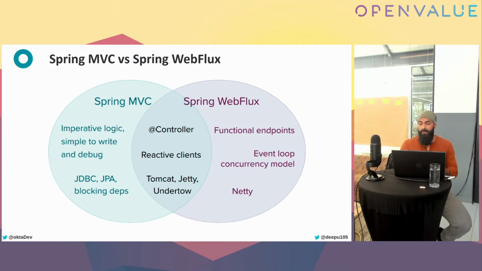For example, with Spring WebFlux, the endpoints are more functional, whereas in MVC they are imperative, because it is one thread per request kind of model, where we have blocking dependencies for JDBC stuff, whereas in WebFlux we have the reactive equivalents. WebFlux is also based on event loop concurrency model, which is quite similar to how JavaScript works. So you have an ever-running event loop, which basically processes your requests. So that's how the concurrency model works there.